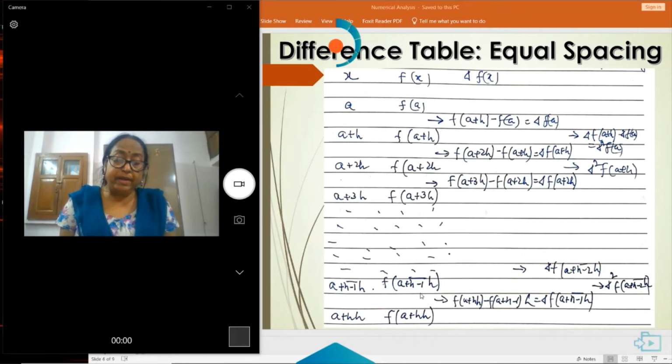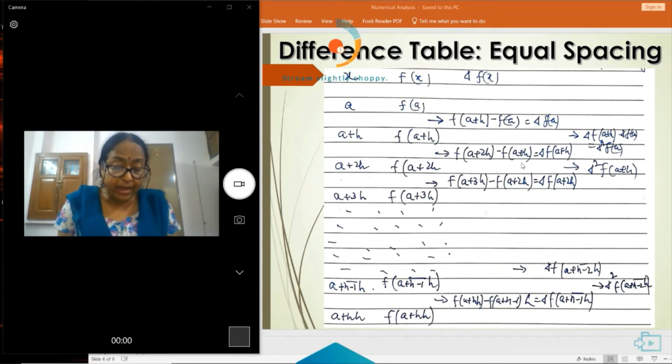Now, in the difference table, delta of f(a) will be f(a plus h), that is the second value, minus the first value f(a). Similarly, delta f(a plus h) is equal to f(a plus 2h) minus f(a plus h).